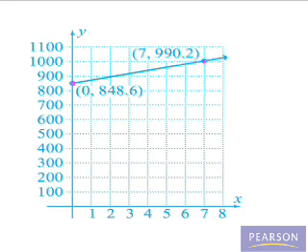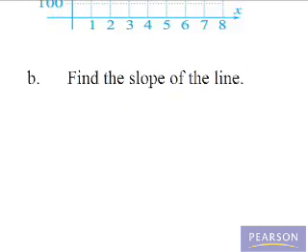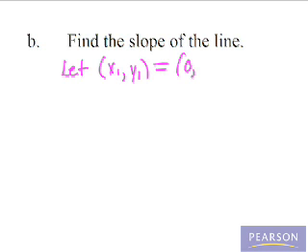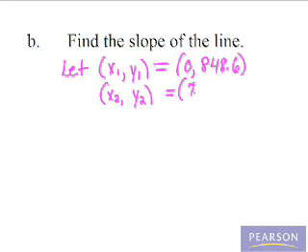Now we're ready to go on to the next part of the problem, which is to find the slope of the line. In this one, we're going to let x1, y1 be the ordered pair 0, 848.6, and x2, y2 is the ordered pair 7, 990.2.